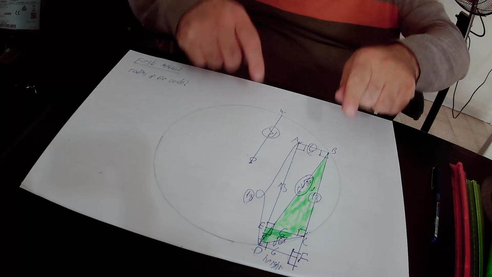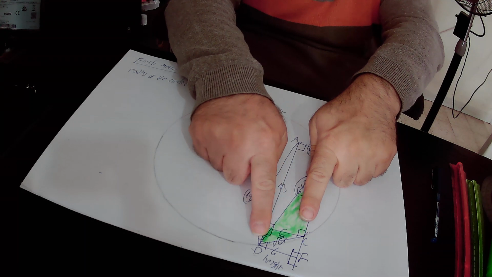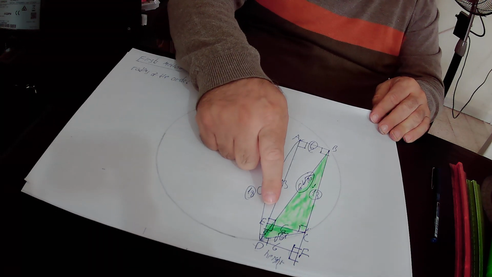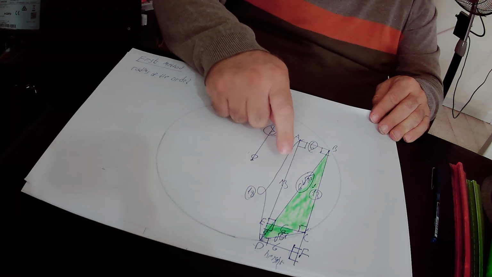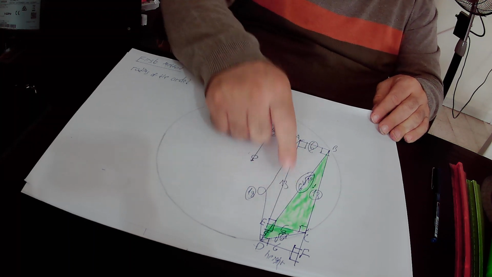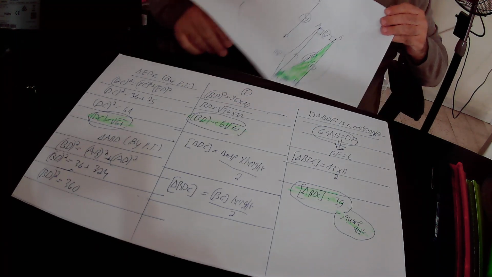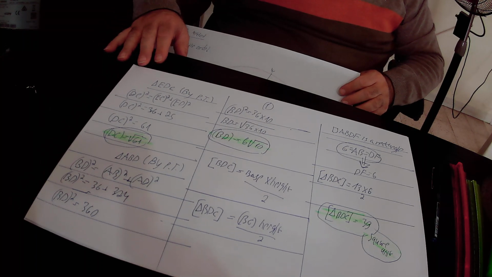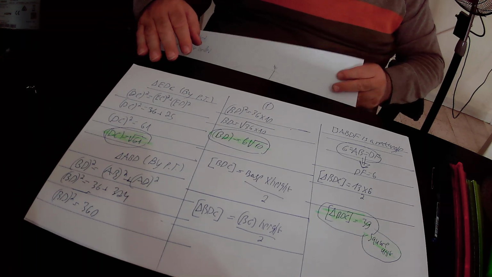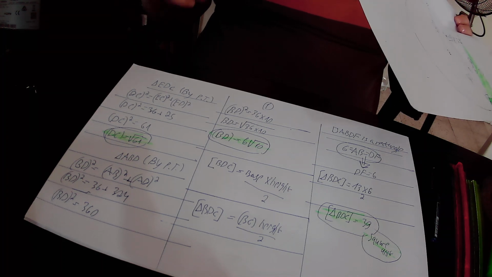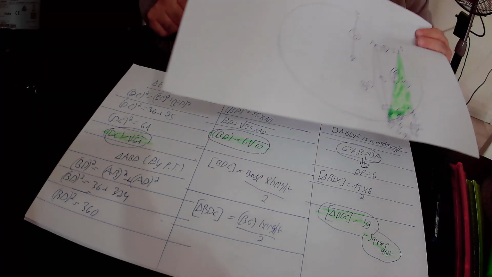In the next step, we join points C and D together by a straight line. By joining points C and D, we created the right triangle ECD. In the next step, we implemented the Pythagoras theorem on the right triangle ECD. According to the Pythagoras theorem, in any right triangle, the square of the hypotenuse equals the sum of the squares of the perpendicular sides.